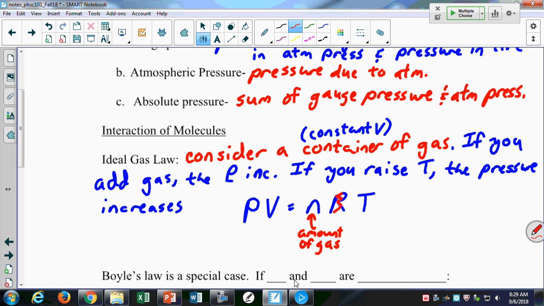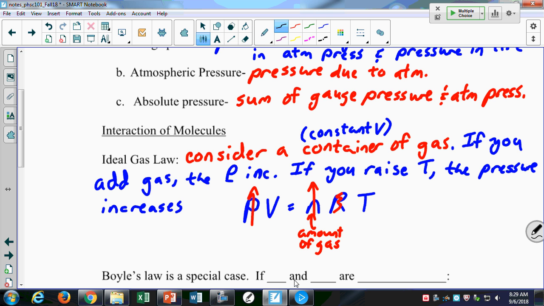So what I just said in words is that if I add gas, the pressure increases. That means that if I make n go up, then P also goes up. What's the middle one? R, it's a constant, the gas constant. And for number 9 on the quiz, where it says you increase the pressure of a gas but keep its volume constant, what happens to the temperature?